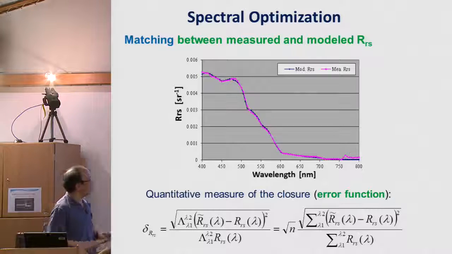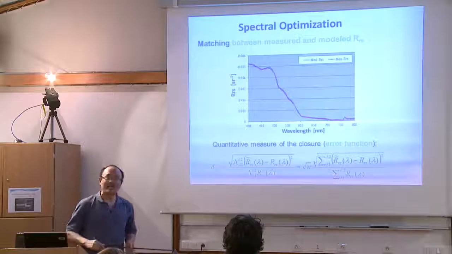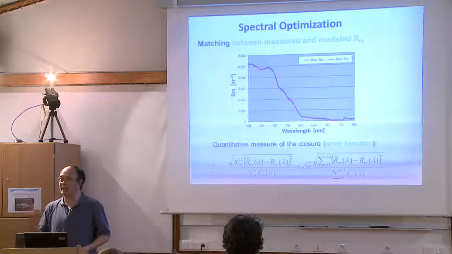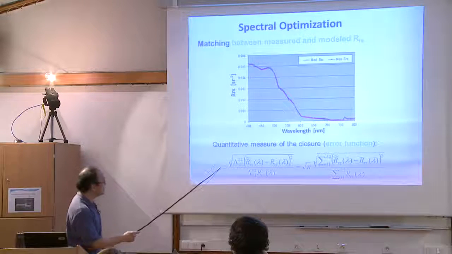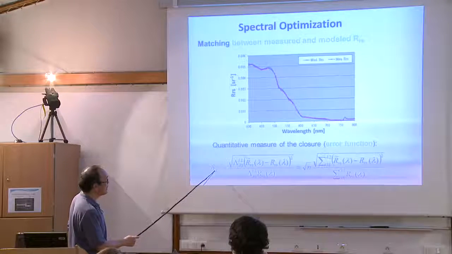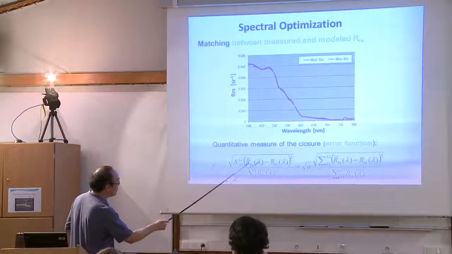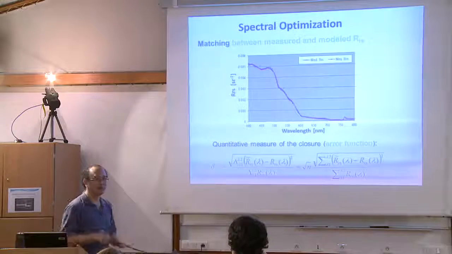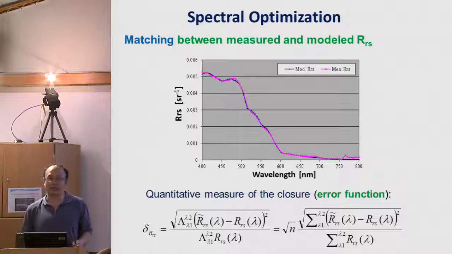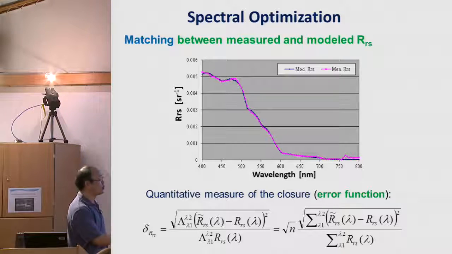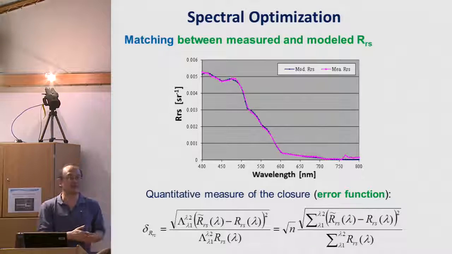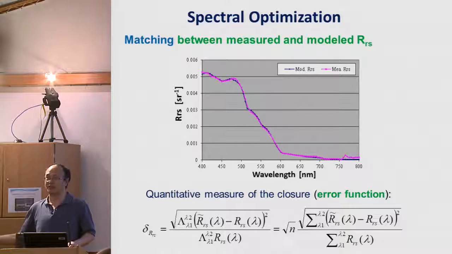But normally, we use an objective way to measure this quantitatively. This is the objective function or error function. It's a measure between the model Rrs and the measured Rrs, basically the root mean square error. But it's not just one wavelength, it's across the spectral band from the shorter wavelengths to longer wavelengths.